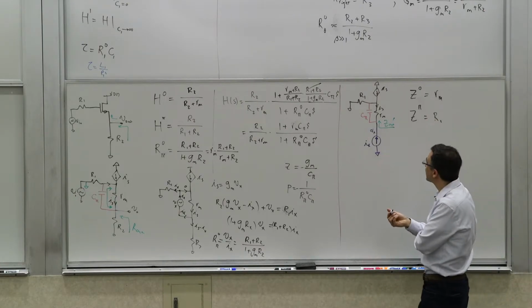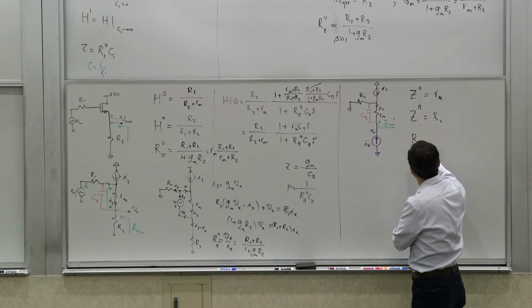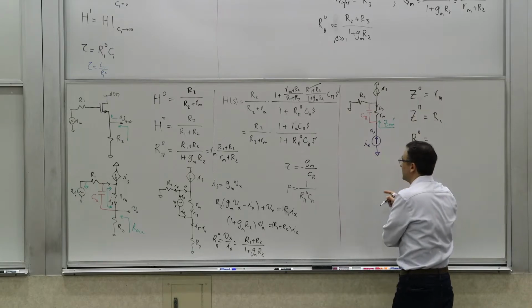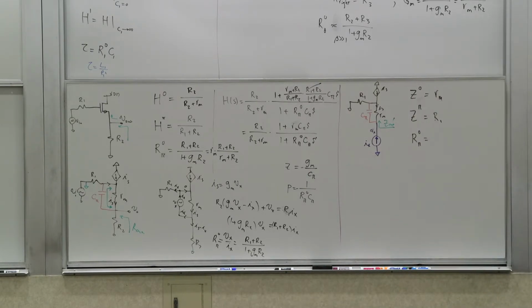And then the last thing you need to do is to calculate R pi 0. This is not necessarily the same thing as that because it's a different network now. We've changed it, right? We have to calculate this again. But it's pretty straightforward. So what is the rule for calculating that? You null all the independent sources.